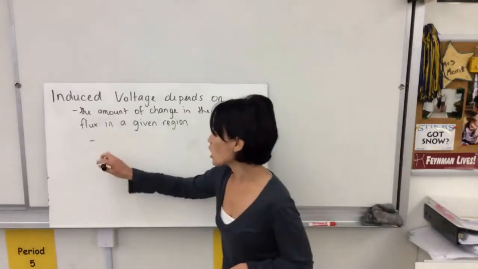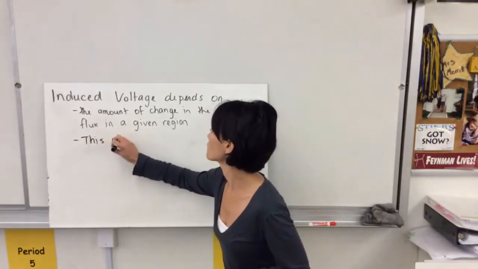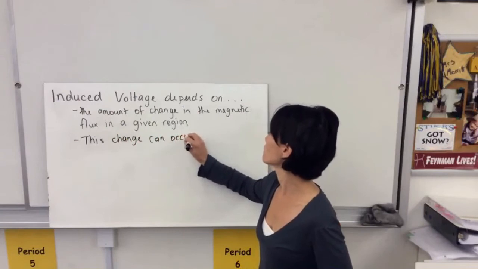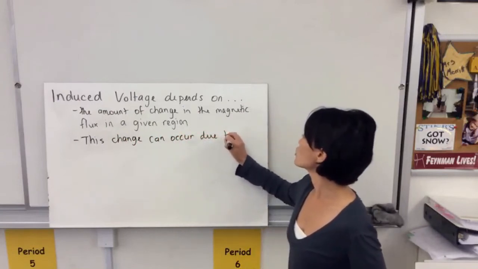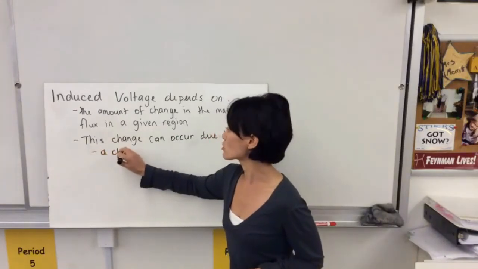One of them is a pretty obvious one, so let's say this change can occur due to a change in magnetic field strength.